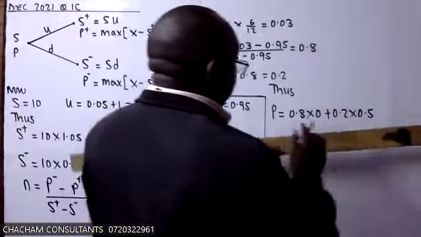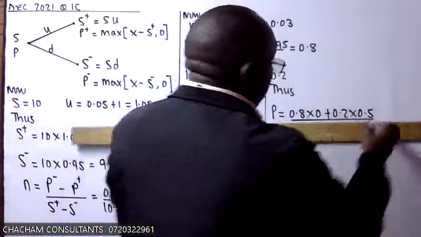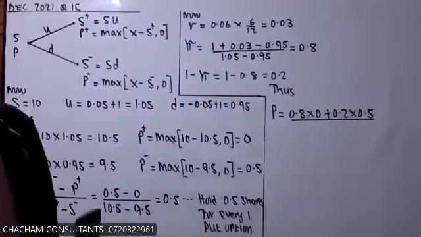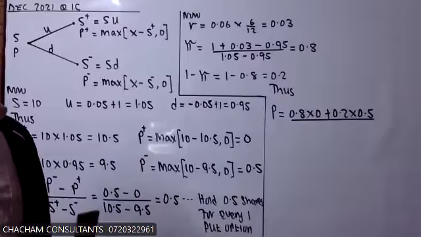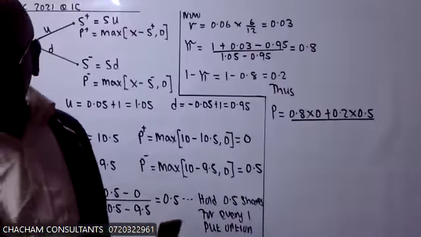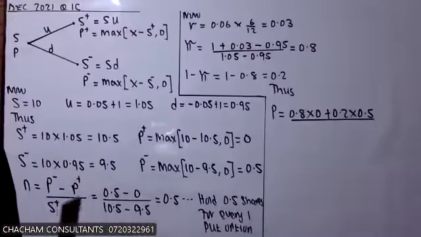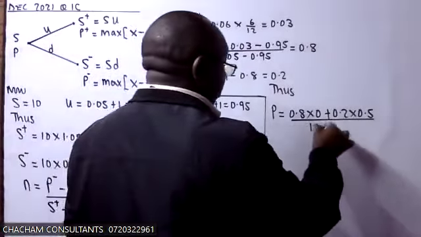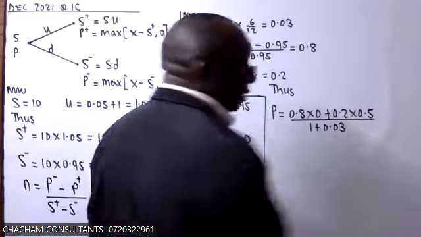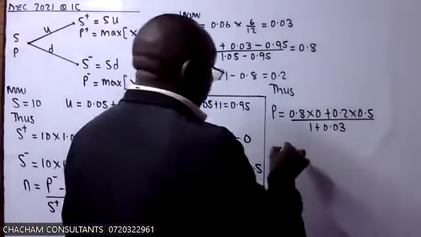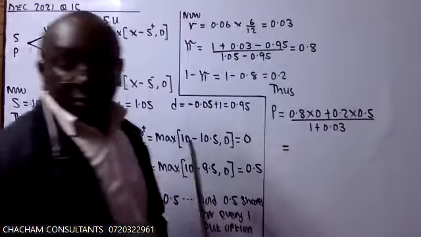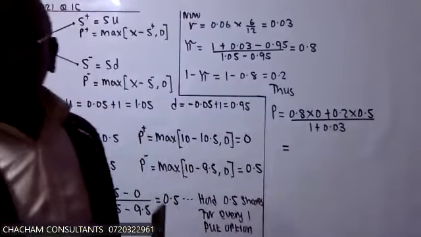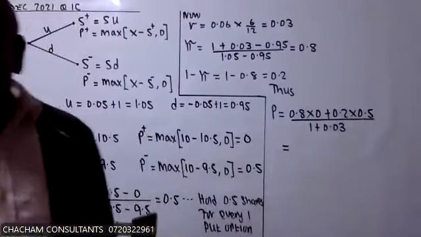Then this one, we said you will discount by saying 1 plus R. So 1 plus 0.03, 1.03.